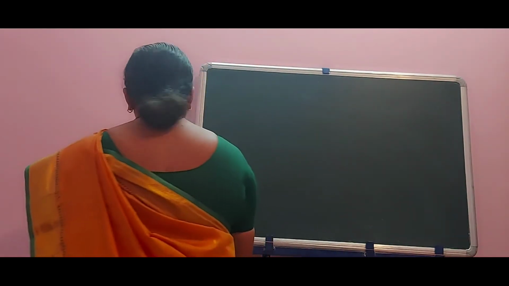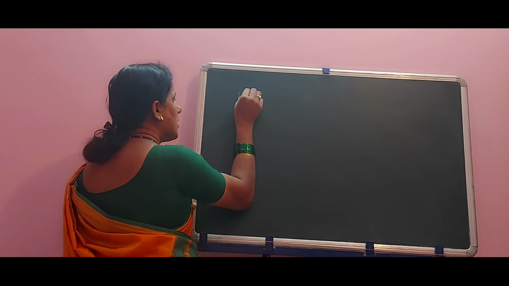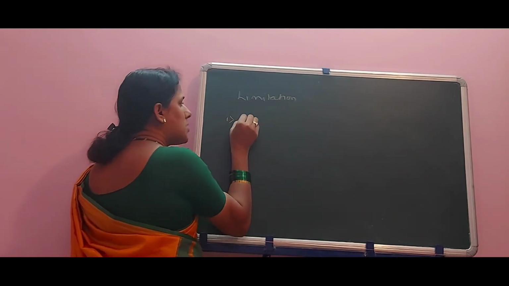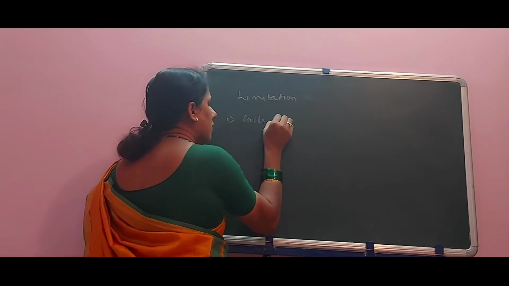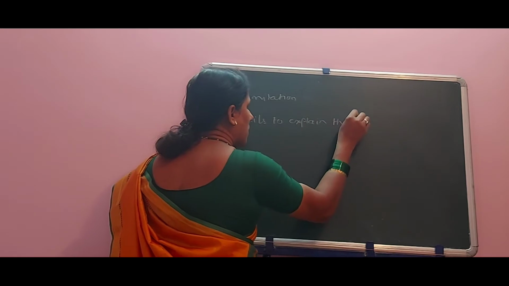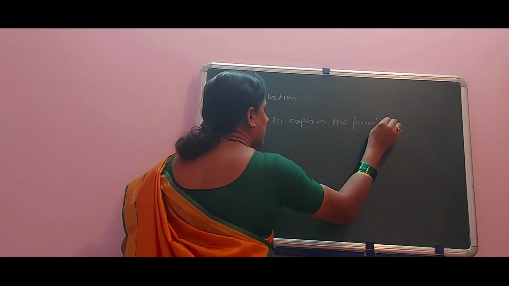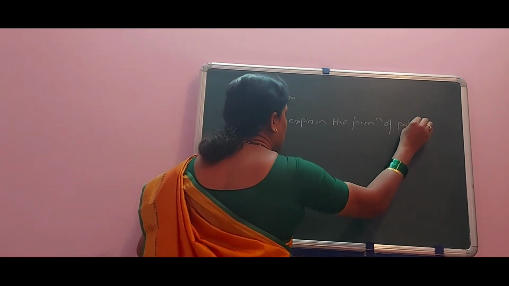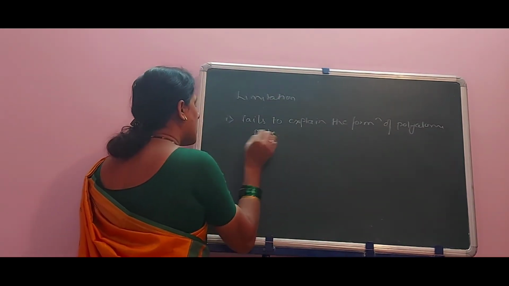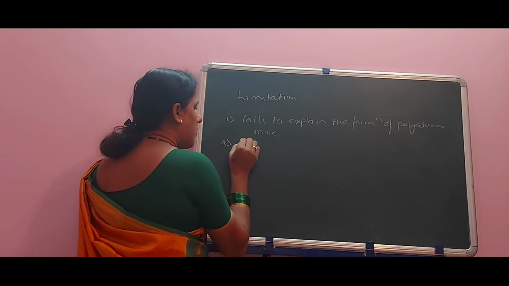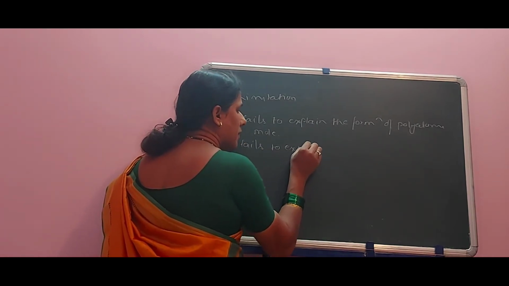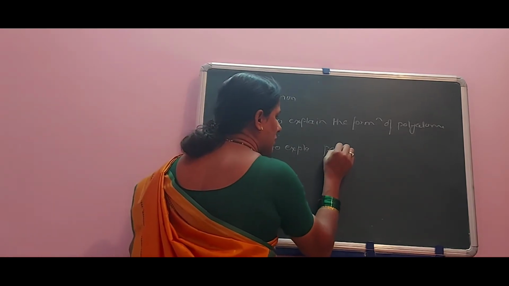Now what are the limitations? First limitation is that it fails to explain the formation of polyatomic molecules. Second, it fails to explain the paramagnetic nature of oxygen.